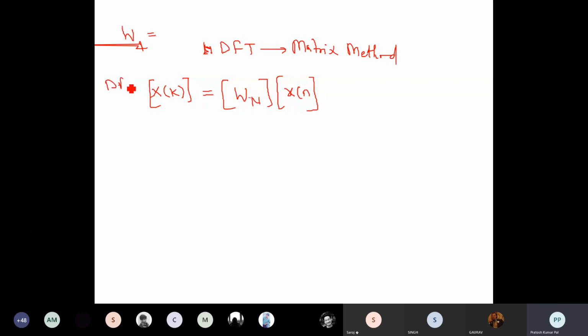This is your DFT, and again we need to find the IDFT by using the matrix method.